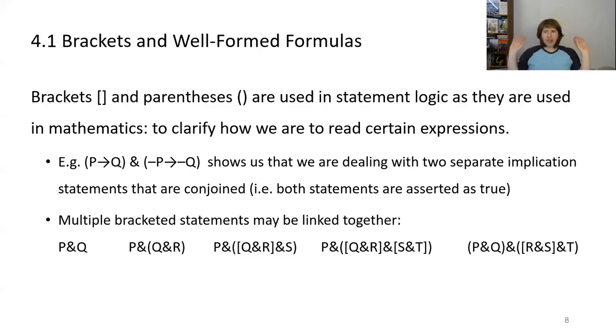Within the square brackets, we have two complex statements. They're both formed properly. They're well-formed formulas. They formulate the two logical units that the conjunction in the round brackets conjoins, glues together. Then all of that material within the round brackets is one conjunct, which is being connected by the conjunction in the middle with P on the other side.